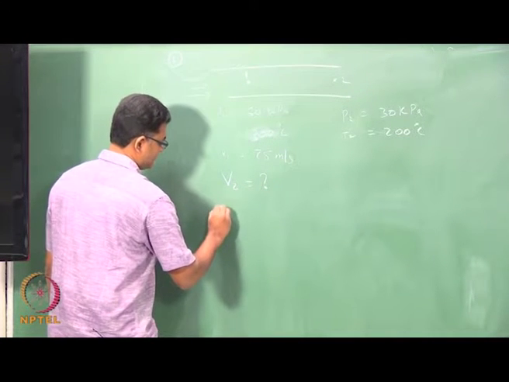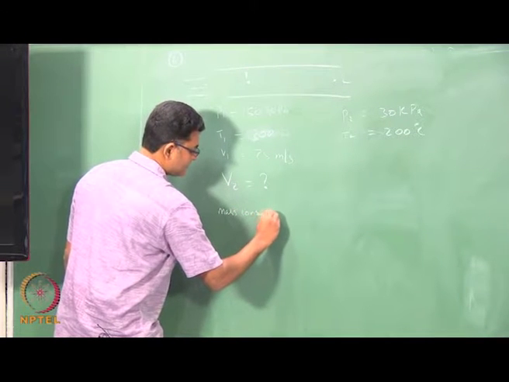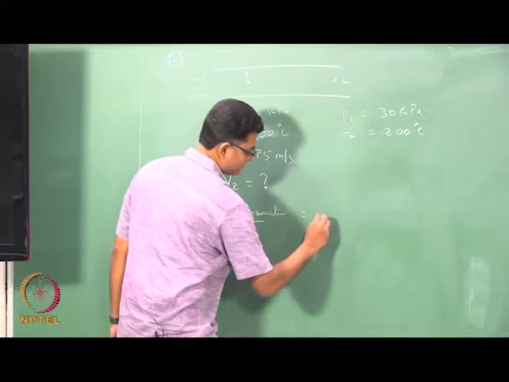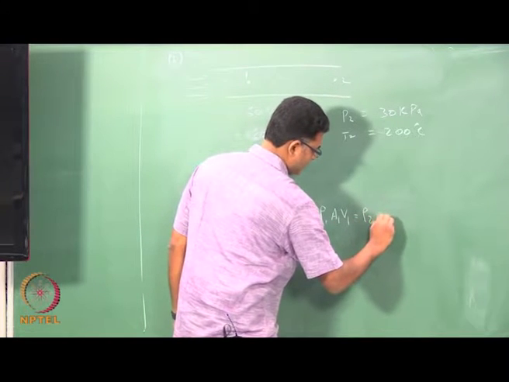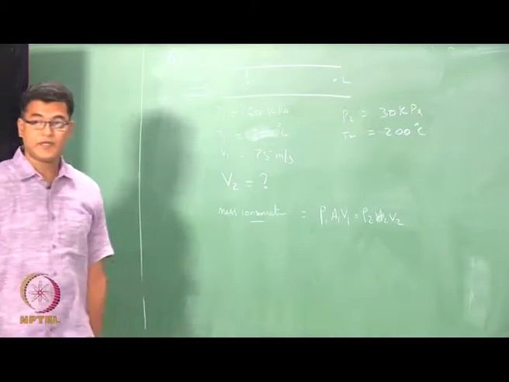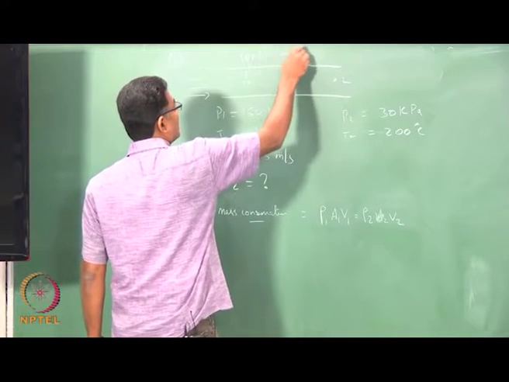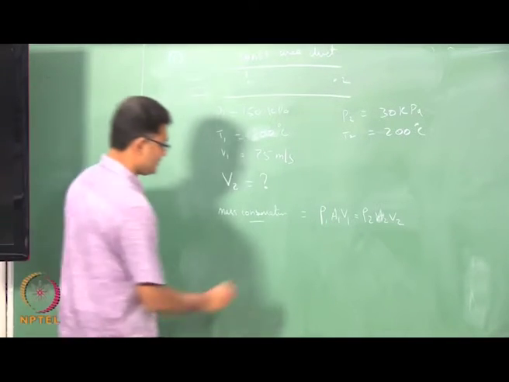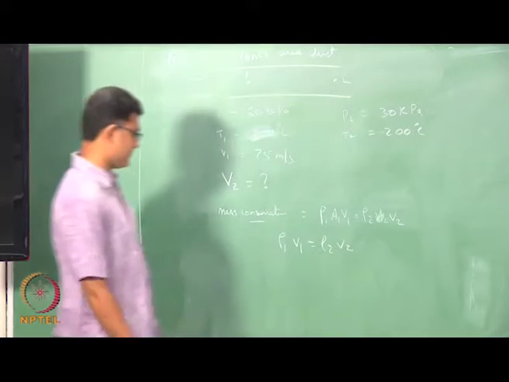So, mass conservation equation is of the form rho 1 A1 V1 equals rho 2 A2 V2. Your area is same. Okay. So, it is rho 1 V1 equals rho 2 V2.